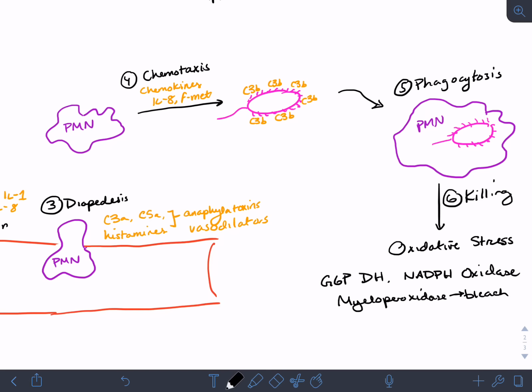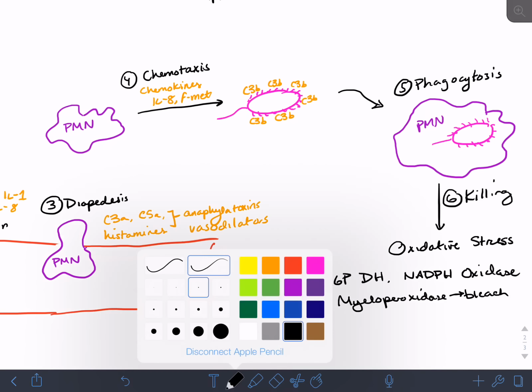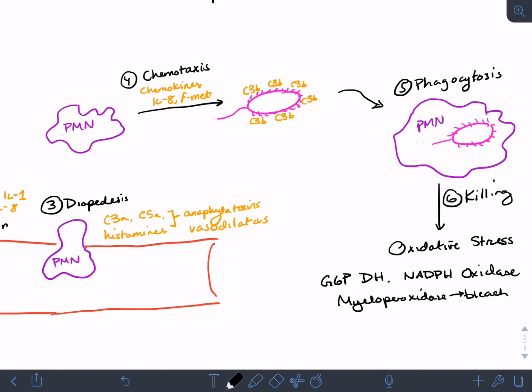So there's an important clinical correlate related to NADPH oxidase, okay? If you have a decrease in NADPH oxidase, or if you have a mutation of NADPH oxidase for whatever reason, it's going to cause a disease called chronic granulomatous disease, okay? Remember that neutrophils are the main responders in your innate immune system to bacterial infections.